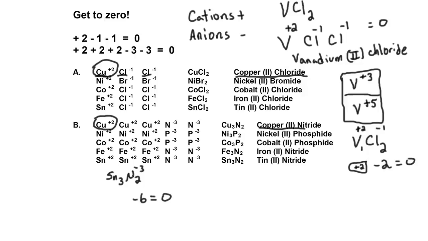We have to get to 0. So something minus 6 is 0, and that something is a positive 6. So what is the charge of this tin? Something times 3 is a positive 6, and that is a plus 2. Plus 2 times 3 is this positive 6. Tin 2 nitride. That's how it's named.